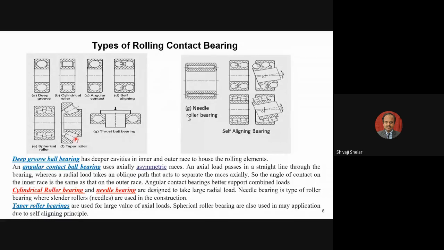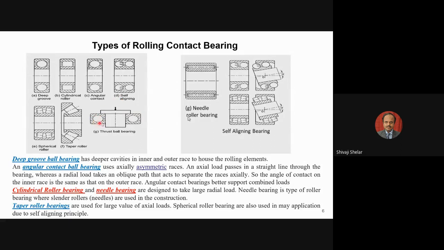You can even use rolling elements to create a thrust bearing to take care of thrust load, especially on a vertical shaft. So you will have the bottom race here, which is thick. The top race will be connected to this collar, and sometimes it can even be welded, and it is the rotating part.